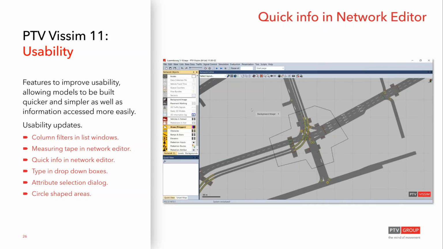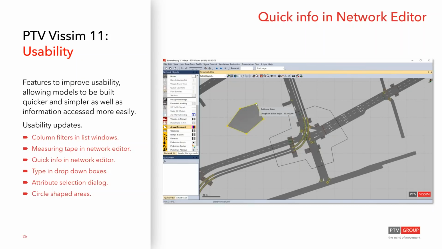And if you create an area, for example, it also shows you the length of active edges. So instead of having to click onto a network object to see in the quick view the number and some attributes, you already have them live while hovering through the network, which might be useful.